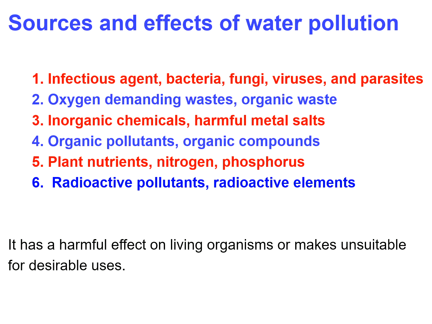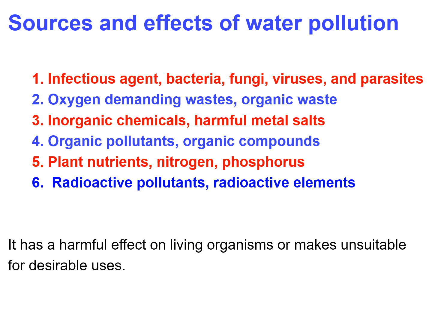Here we can make a list which tells us about the sources of water pollution. The first one is infectious agents: bacteria, fungi, viruses, and parasites. The second is oxygen demanding wastes, the organic waste. The third is inorganic chemicals, the harmful metal salts.